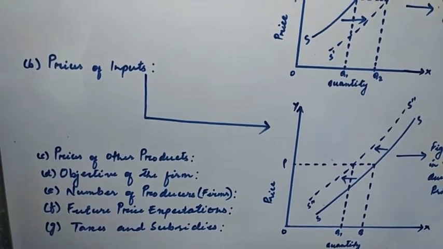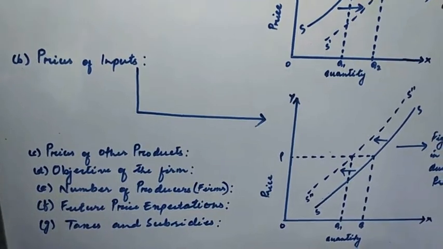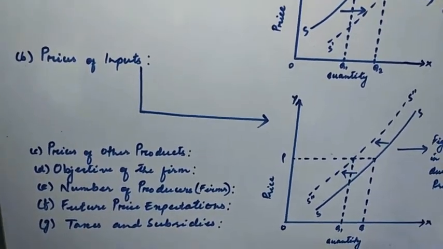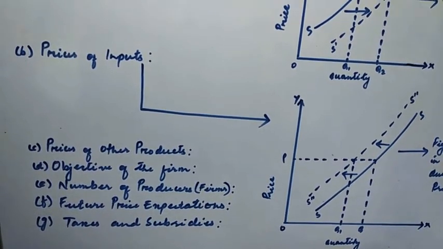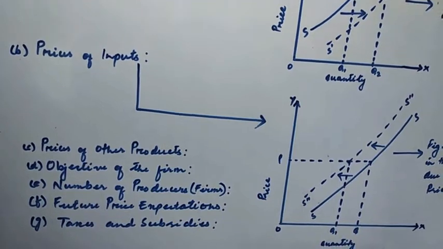When we talk about the supply curve, we assume that the prices of other products remain constant or unchanged.